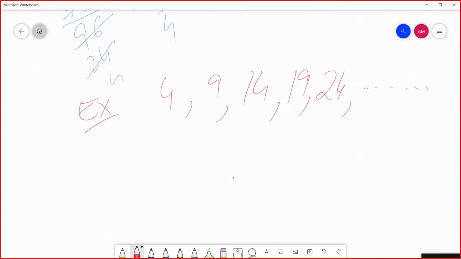Tn plus 1 equals Tn plus 5. So if we see 4 plus 5 is 9, 9 plus 5 is 14, yeah, Tn plus 5.